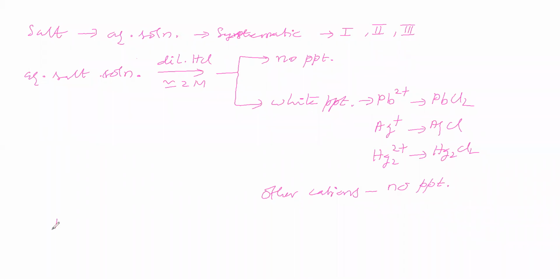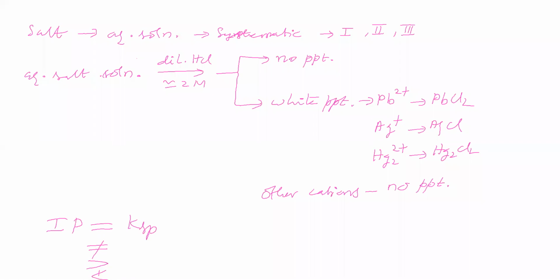What is the condition between ionic product and solubility product for precipitation? Should they be equal or not equal? If not equal, is it greater or lesser?